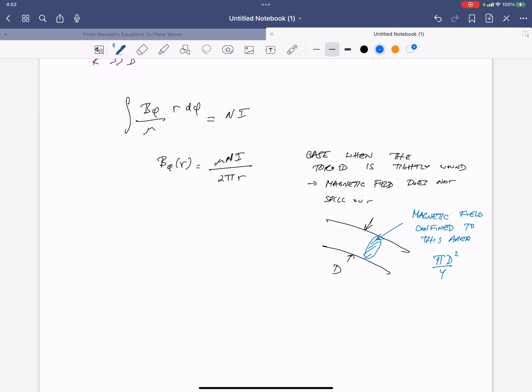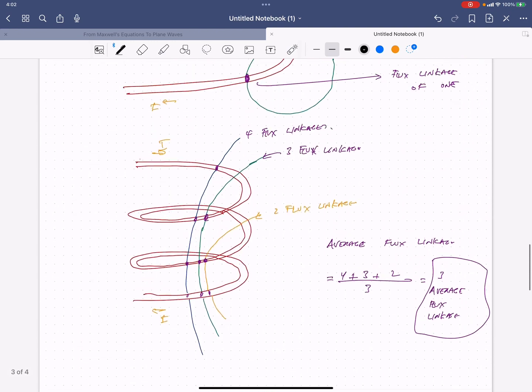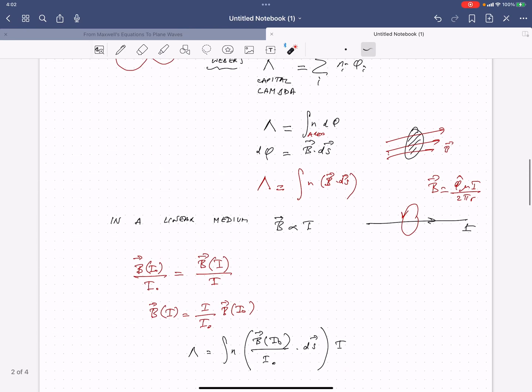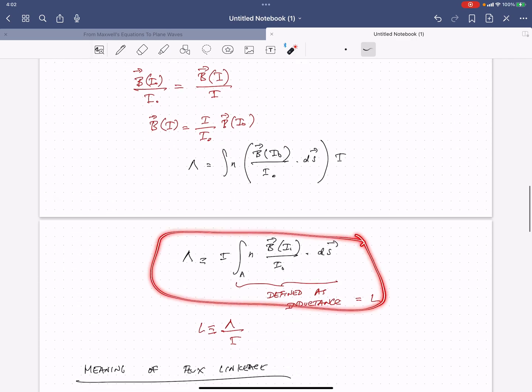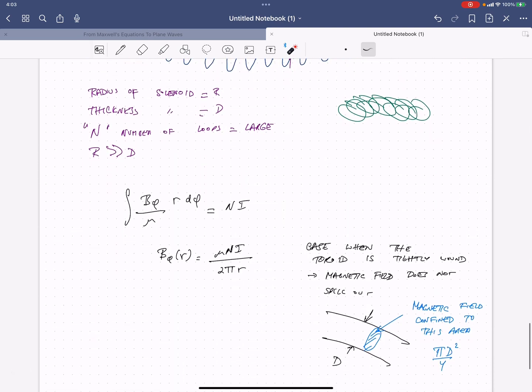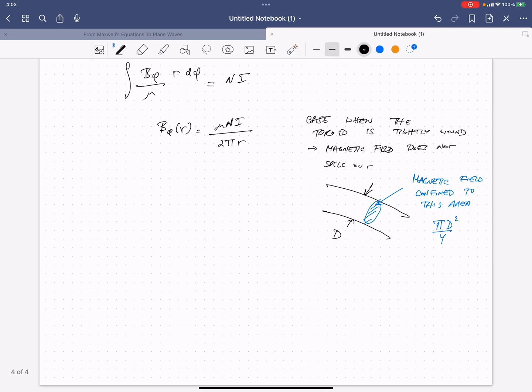Going back to our concept of the total flux linkage, if I plug that in, assuming nothing leaves the loop, the total flux linkage is N B sub phi pi d squared over 4.